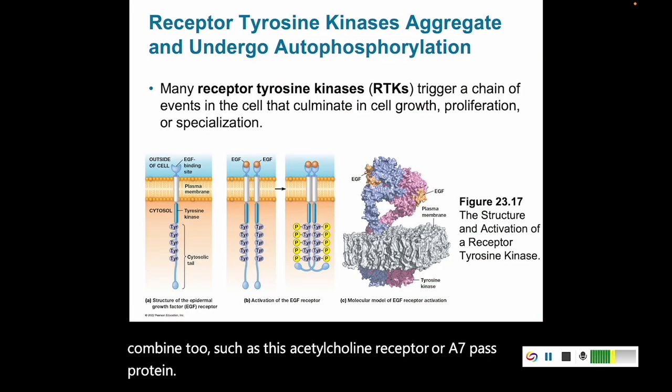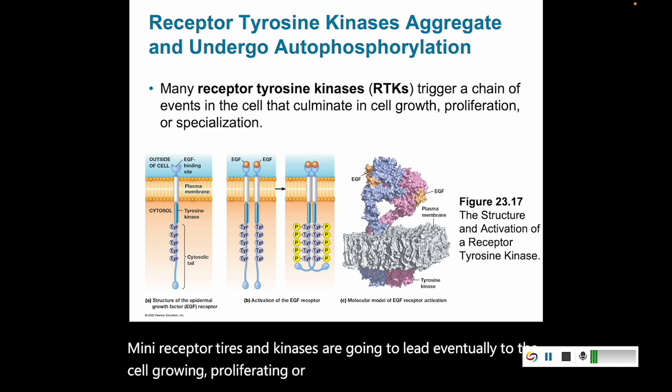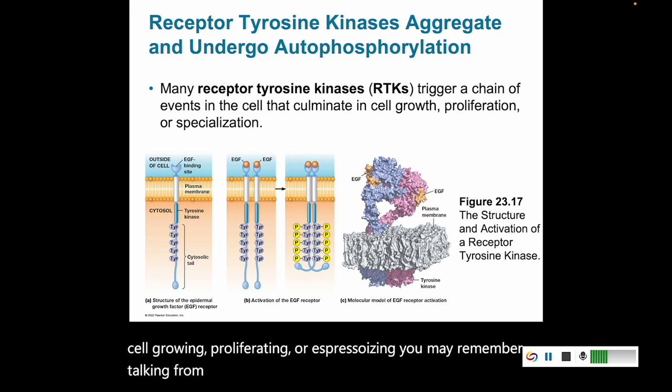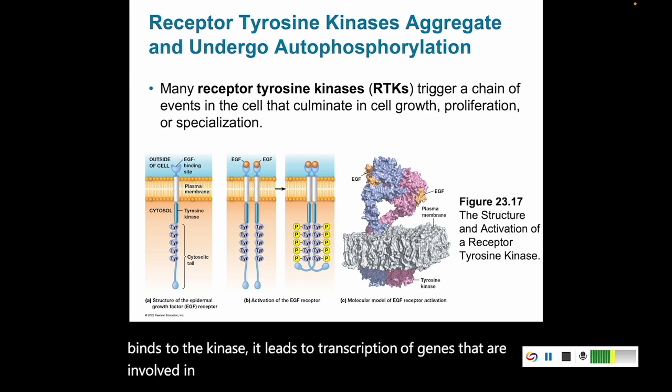Many receptor tyrosine kinases are going to lead eventually to the cell growing, proliferating, or specializing. You may remember from our cell cycle chapter that when the growth factor binds to the kinase, it leads to transcription of genes that are involved in taking that cell through the cell cycle.